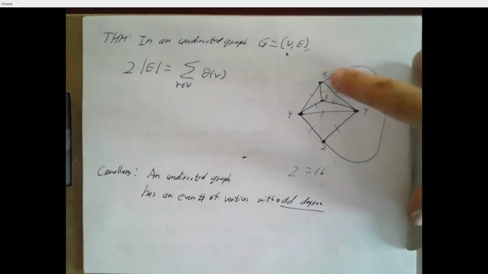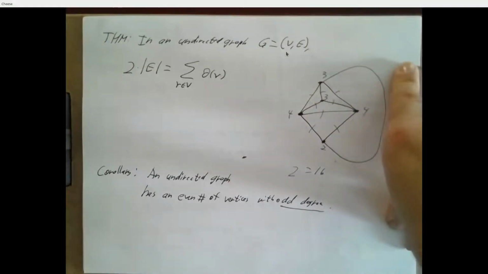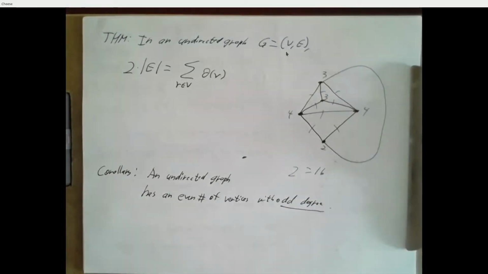So here we had exactly 2 vertices with an odd degree. 2 is an even number. We might have 4 vertices with an odd degree, or 6, or 0, but this theorem says we cannot have 5 vertices with an odd degree. It's got to be an even number of vertices with odd degree.